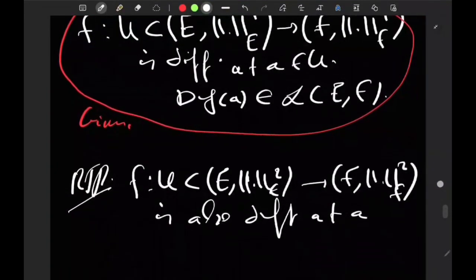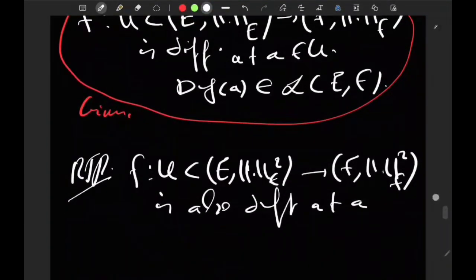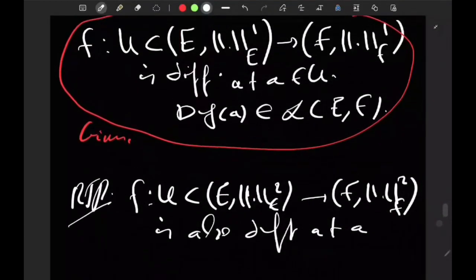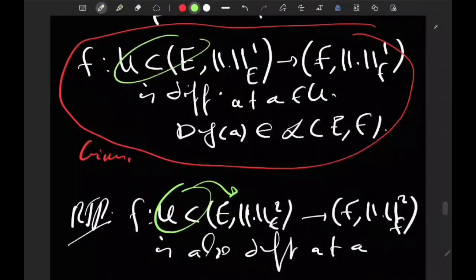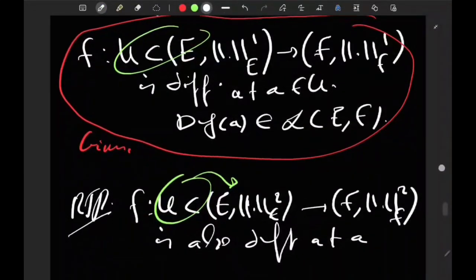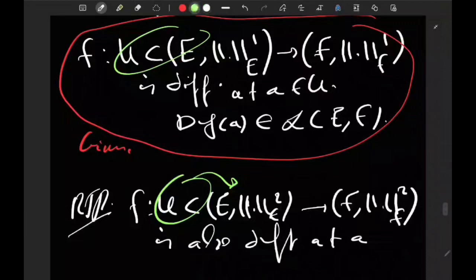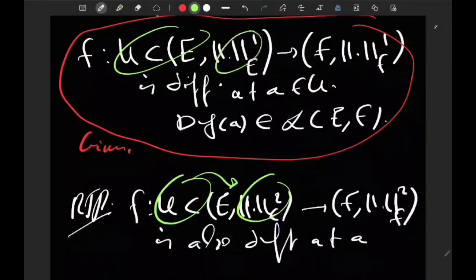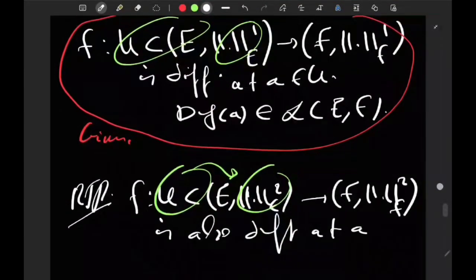It makes sense to say U is open in the same sense, because when we have equivalent norms, open sets for the first are the same as open sets for the second, and vice versa. So there's no confusion that arises.